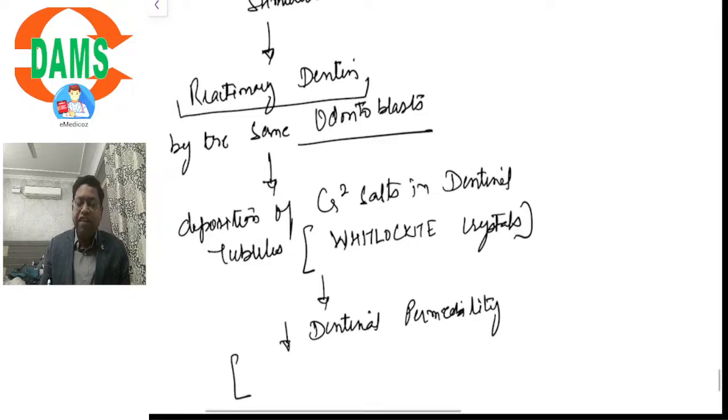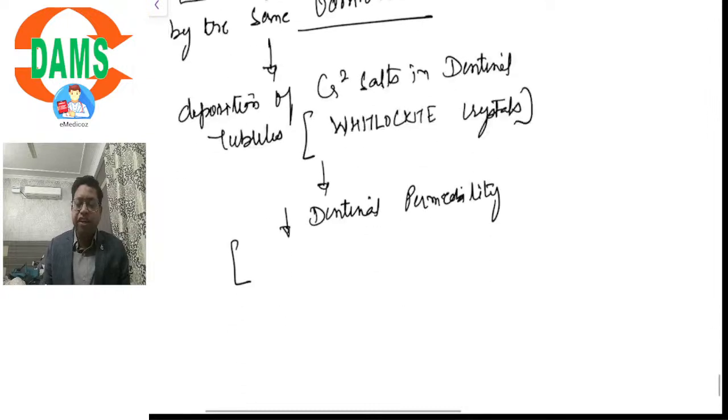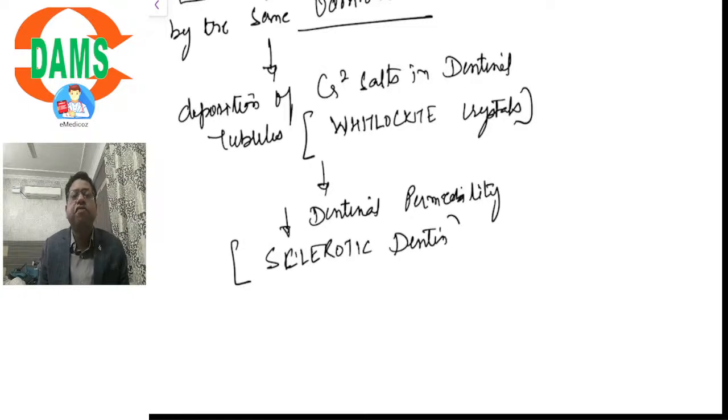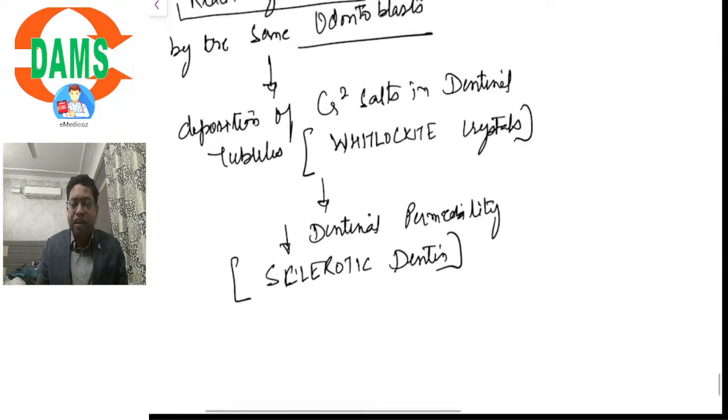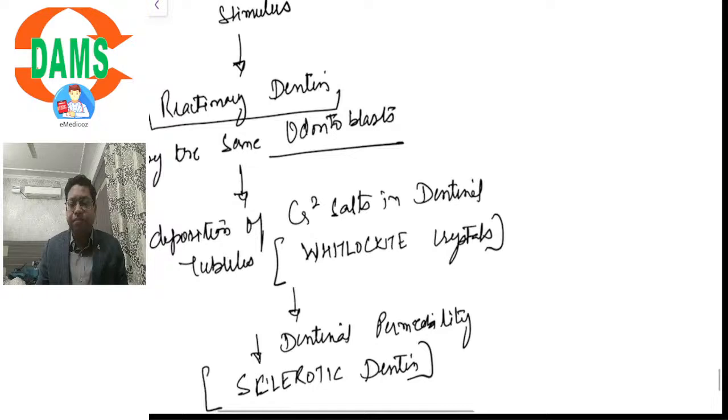And what type of dentine do we call it clinically? This reactionary dentine is called sclerotic dentine. Whenever the intensity of stimulus is mild to moderate, it does not cause damage, but these odontoblasts start forming another layer from inside.